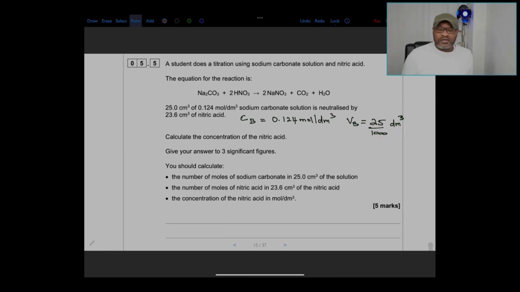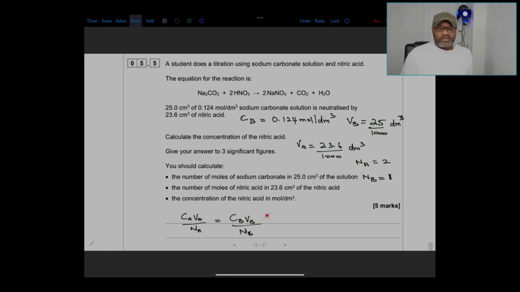We also have the volume of acid. So the volume of acid is 23.6 centimeter cube. We convert that to decimeter cube by dividing it by 1000. What we could have done is, we also can write down the stoichiometric mole of the acid, which is this, and that's 2, and stoichiometric mole of the base, this is 1 here, and we could then use this formula here: the concentration of acid times the volume of acid, this is the mole, divided by stoichiometric mole, will be equal to concentration of base times volume of base, divided by the stoichiometric mole of base.